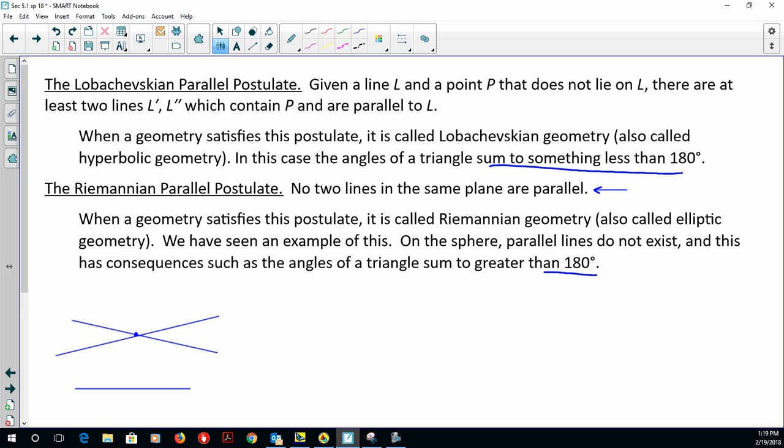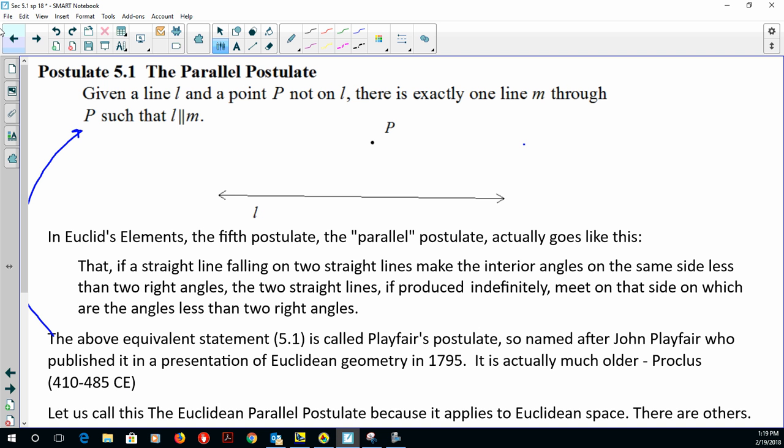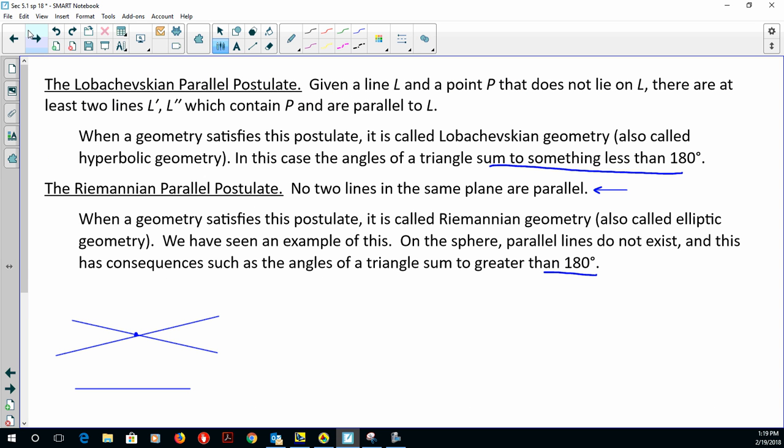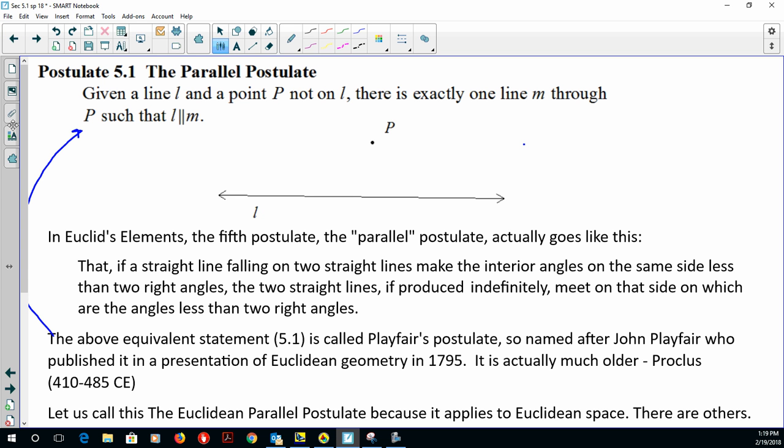Now, this parallel postulate was thought to be so obvious that for thousands of years people thought they could just prove it, that they didn't have to assume it, and it would follow from all the other postulates, but nobody ever quite did. There are some pretty strange things that went along with this, and I might talk about them later when we get into the non-Euclidean geometry later in the book.